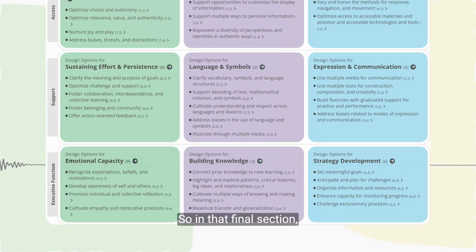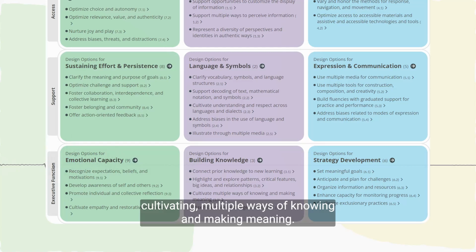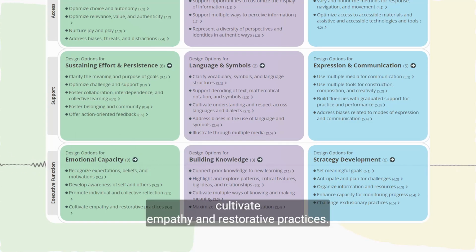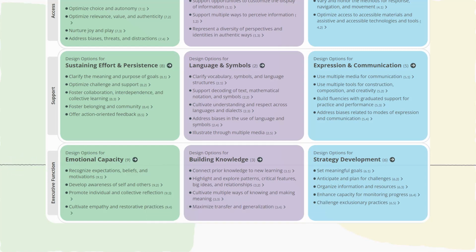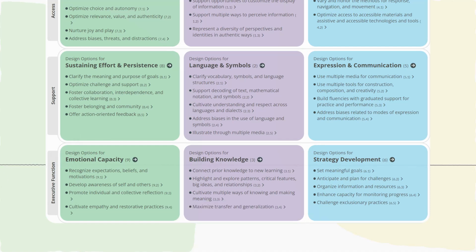So in that final section, you'll see also some changes like cultivating multiple ways of knowing and making meaning, and being able to cultivate empathy and restorative practices. That's in the engagement column. And these are ways, I think, that are adding just a general understanding of who the students are.